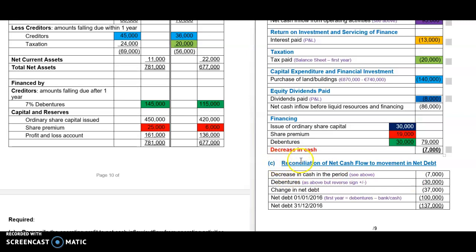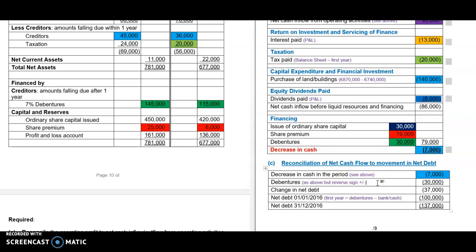Okay, part C, reconciliation of net cash flow to movement in net debt. First entry, decrease in cash in the period, minus €7,000, and that is just what we calculated above.